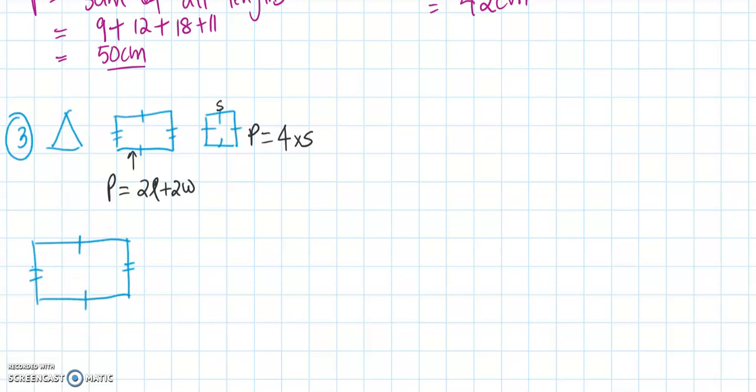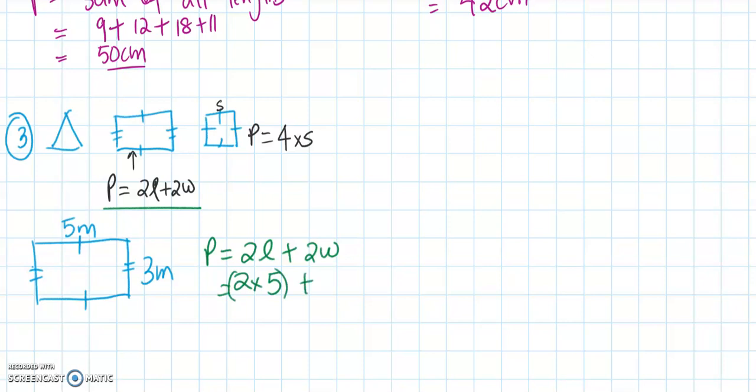If I tell you the measurement that this is 3 meters and this is 5 meters, to find the perimeter, as we know, the perimeter is equal to 2 times the length plus 2 times the width, which is equal to 2 times 5, plus 2 times 3. That gives me 10 plus 6, which gives me 16 meters.